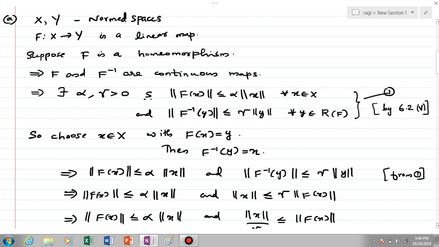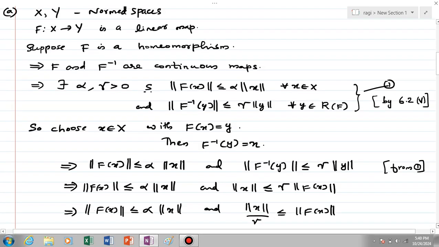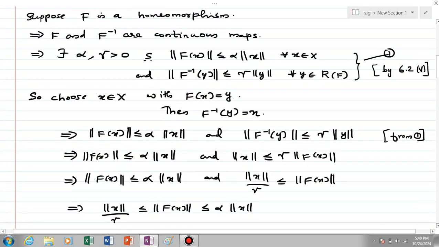When we substitute F inverse of y equal to x and y equal to F of x, we will get norm of F of x is less than or equal to alpha times norm x, and norm x is less than or equal to gamma times norm F of x, right? Then we are just combining these two.